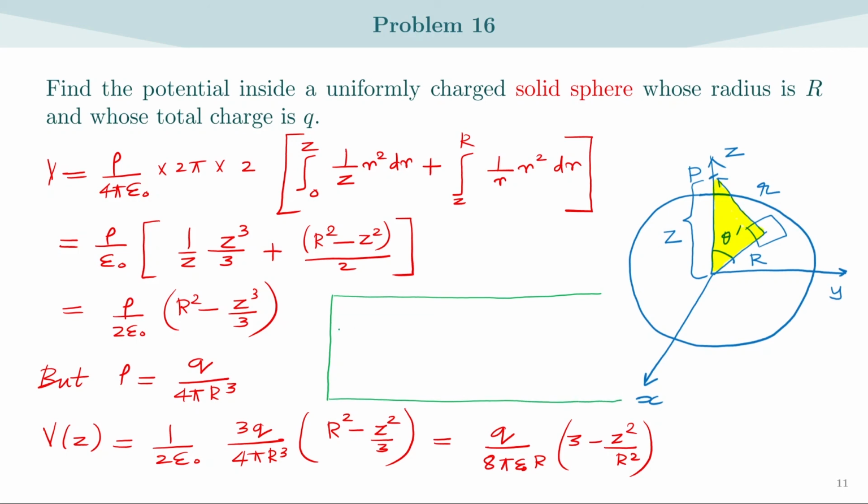In general, V can be written as a function of r, and this will be equal to Q over 8πε₀R times [3 − r²/R²].